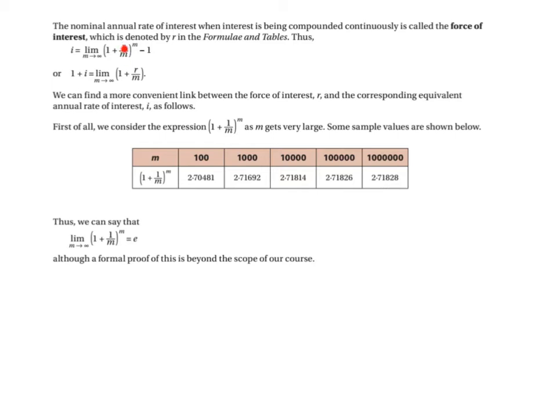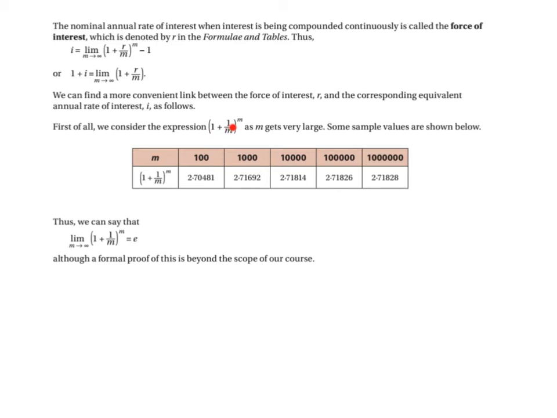We said R is the rate, M is the number of compounds it's going to have. So if we go back to that table for the monthly, R was 0.05 and this was 12, to the power of 12, minus 1. Okay, so what we're going to do here is take this minus 1 across, so we get I plus 1 is equal to the limit here. Then we can have a look at this limit, and we're going to look at that in the table in a second. Oh, by the way, this is called the force of interest, just if you're interested.